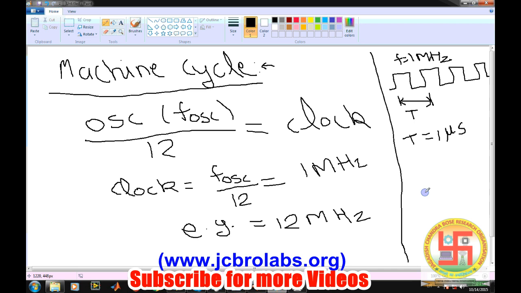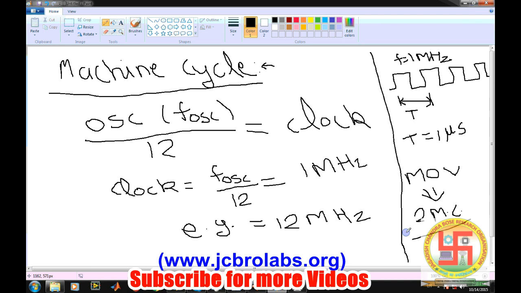Now each instruction takes certain machine cycles to execute. Suppose there is a move instruction. I think it takes 1 machine cycle to execute the operation. That means the time taken by this move instruction is 1 microsecond.